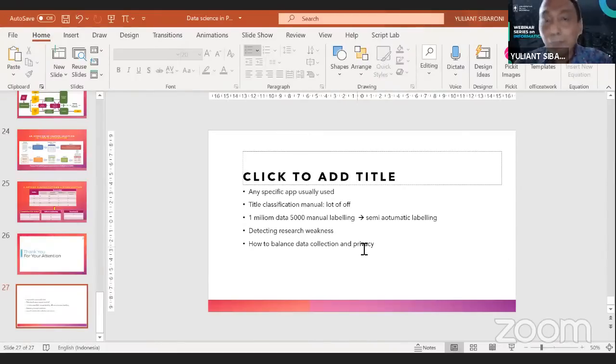So when we crawl data from the internet and get data that we think is private, the ethics of a researcher is of course not to publish private data like that.